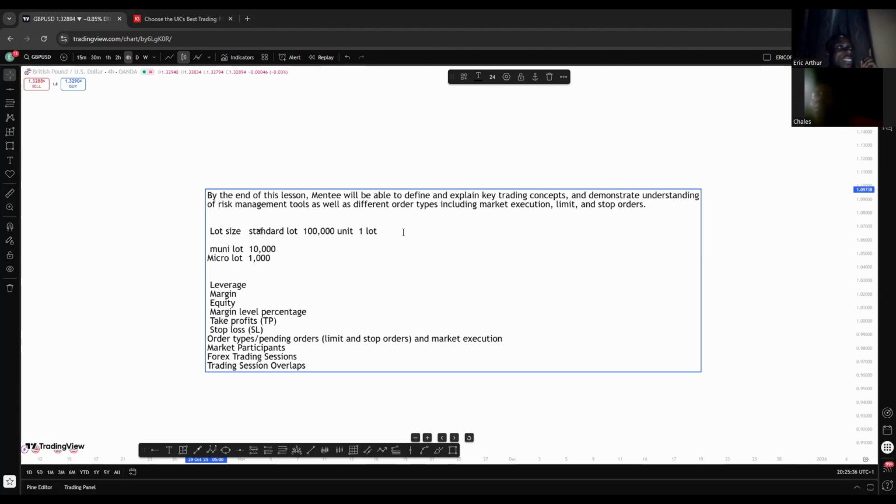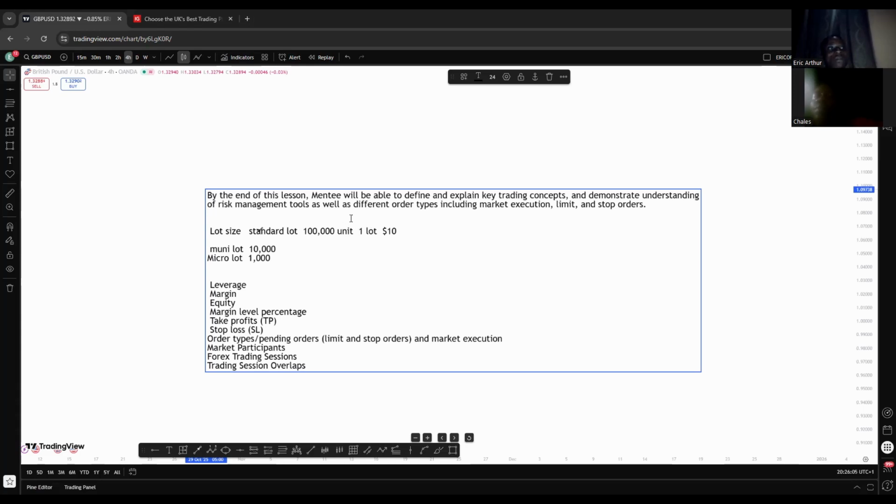And so in this case, every movement of one pip is equal to $10. You get it? Oh, okay. Yeah. For every movement the market makes, one pip, whether you are trading GBP/USD or gold, any pip movement that the market will move is equivalent to $10 when you enter this lot.